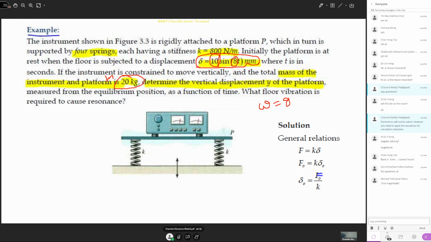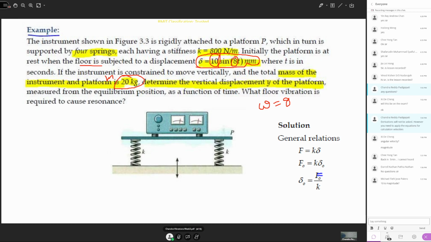There's no damper here. So it is not a free vibration, but a forced vibration, because the floor is subjected to a displacement which is a harmonic function. The displacement is also varying with respect to time, so we can treat this as the force associated.